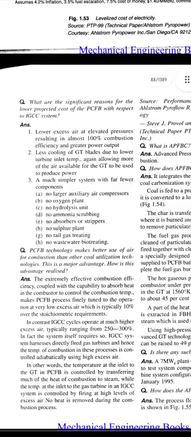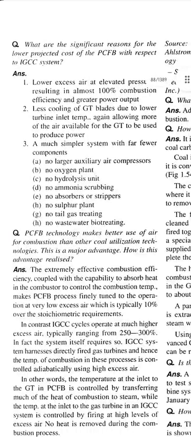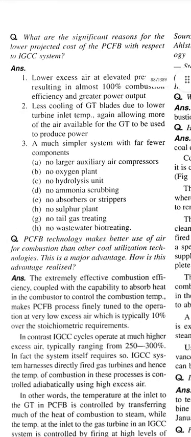So the first question we can see: what are the significant reasons for the lower projected cost of the PCFB with respect to IGCC systems? Answer: lower excess air at elevated pressures resulting in almost 100% combustion efficiency and greater power output. Second, less cooling of GT blades due to lower turbine inlet temperature, again allowing more of the air available for the GT to be used to produce power.